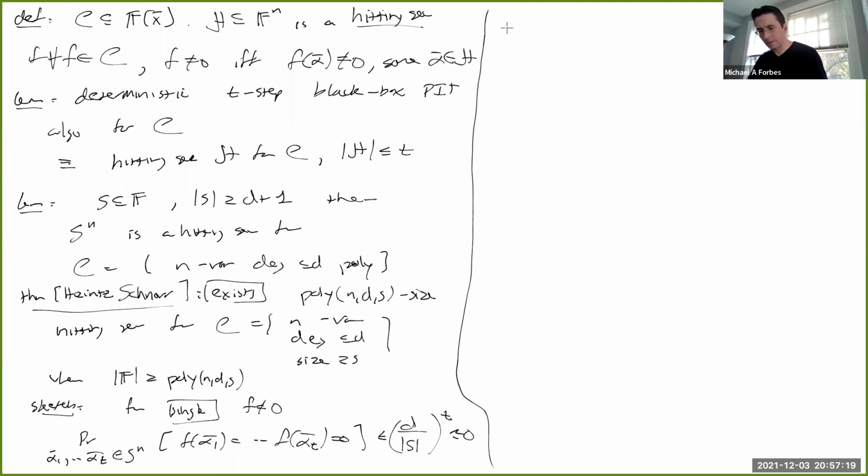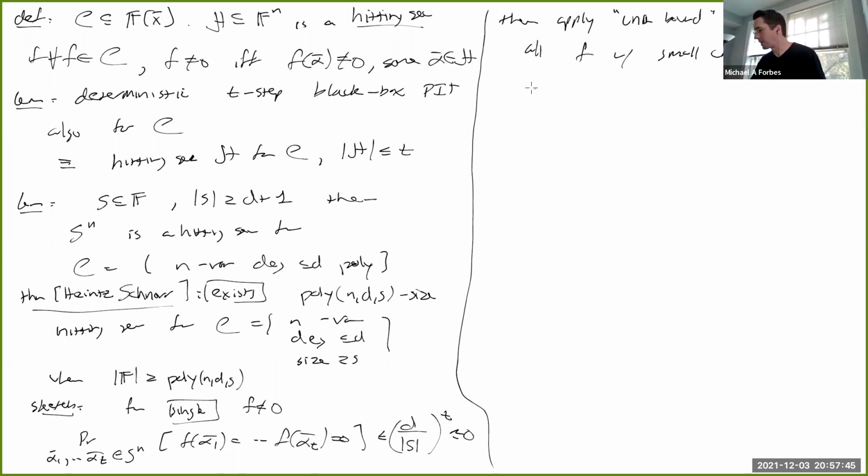So what we can do instead is apply a union bound over all f with a small circuit. So this is saying for one circuit, a random set is a hitting set with very high probability. And now we apply a union bound.